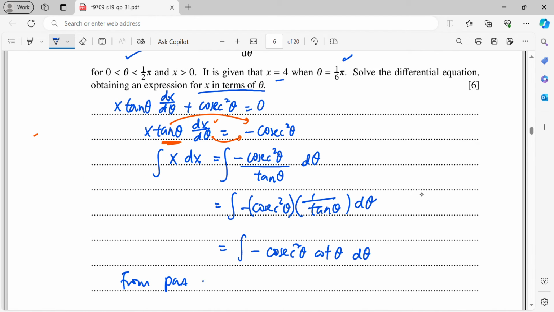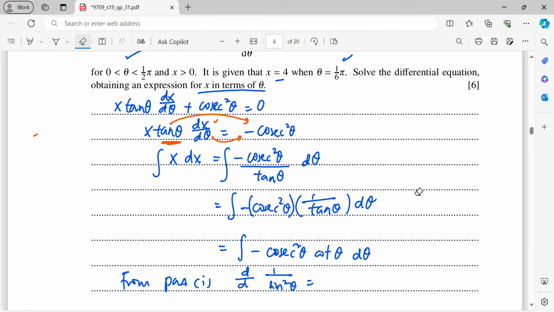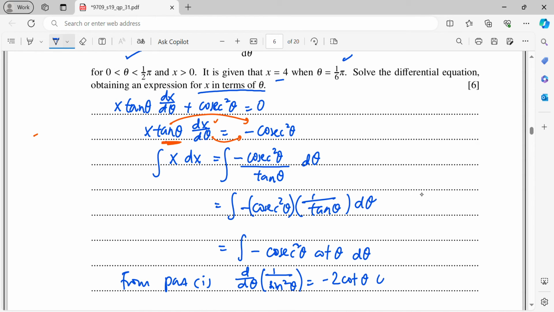From part 1, differentiate 1 over sine squared theta, that is negative 2 cot theta cosec squared theta.